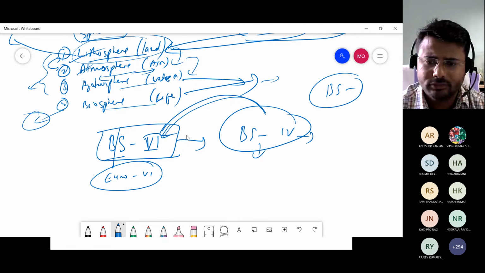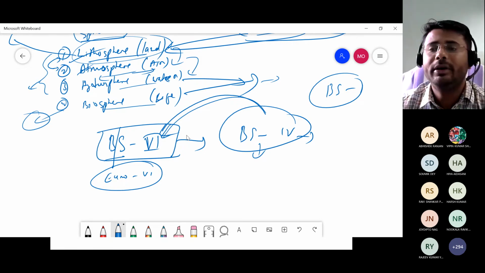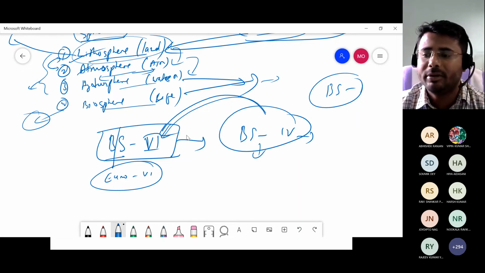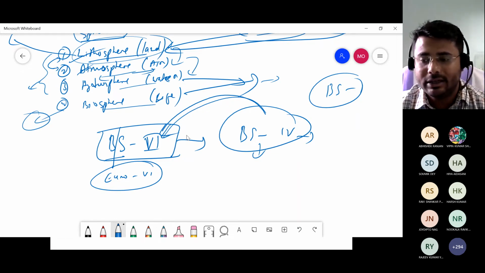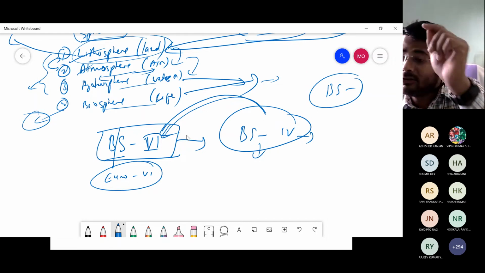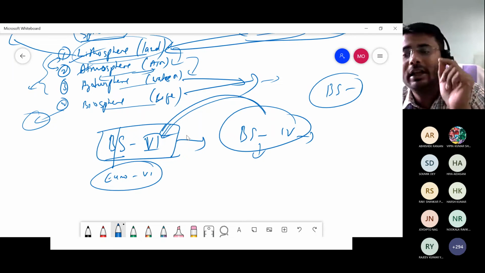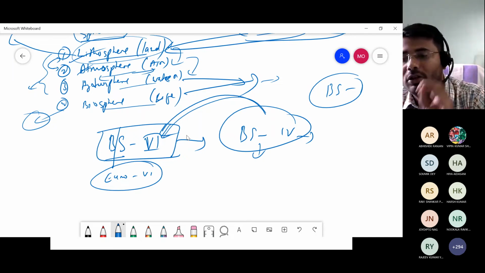Understood? That means as of now, no manufacturing company has the right to sell a car with BS4 norms. It has to sell BS6 norms.